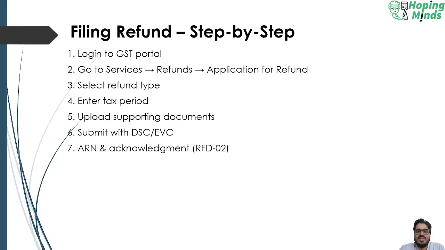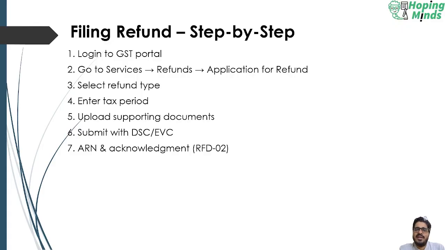So let us now see the step-by-step filing process on the GST portal. For filing of refund application, we have to first log into our GST portal using our login credentials. Then we have to navigate to services. Under services, we will find refunds, and under refunds, we have to choose the application for refund option.